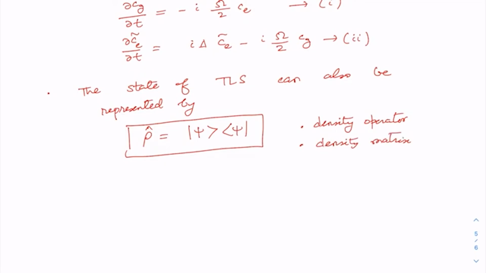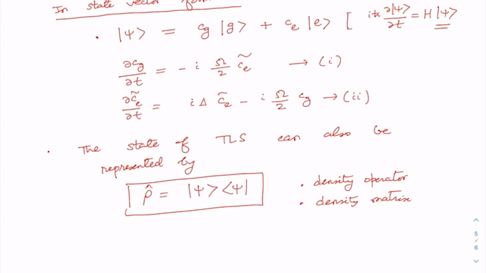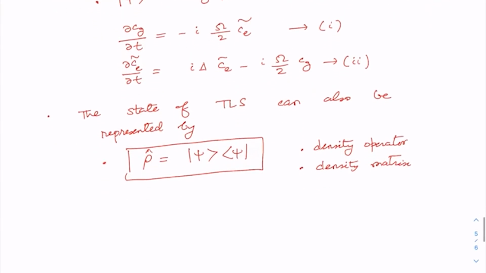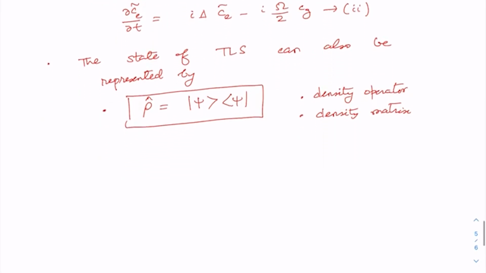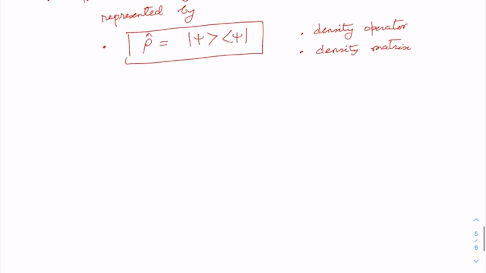So either you represent the two-level system in this formalism or the other, and the good thing, as I said, is that this particular way of representing the state of the system has many advantages. One advantage is we'll see later on that by this formalism we can discuss a two-level system interacting with the surrounding very easily.